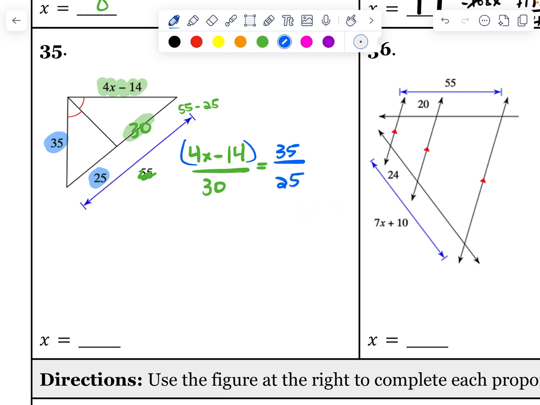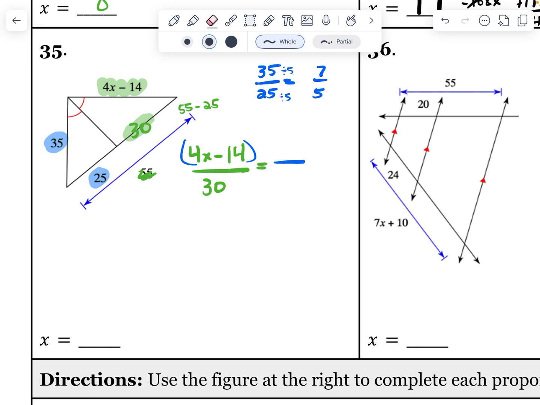If I take this 35 over 25, divide both the top and the bottom by 5, it's going to be 7 over 5. So I'm going to change this right here to 7 over 5 because that makes my math a little easier and I don't have to deal with these enormous numbers.